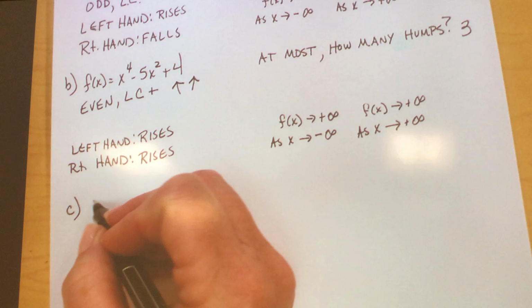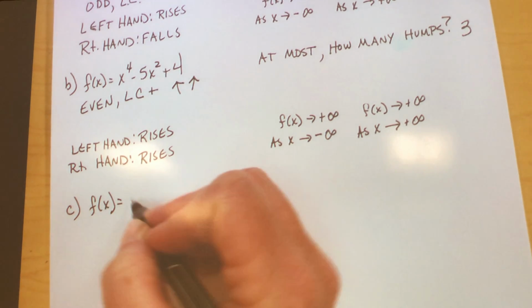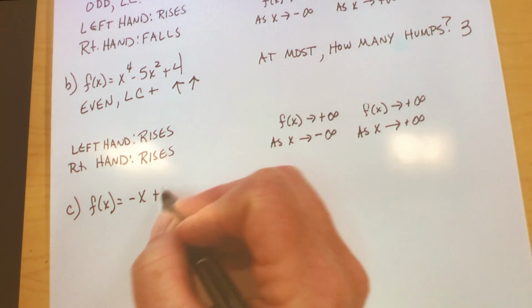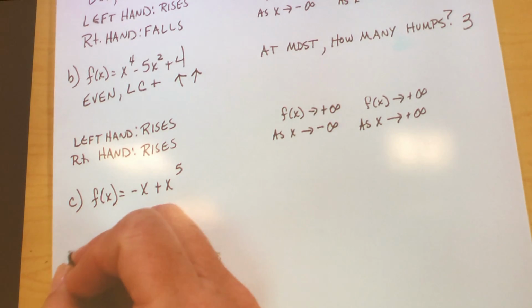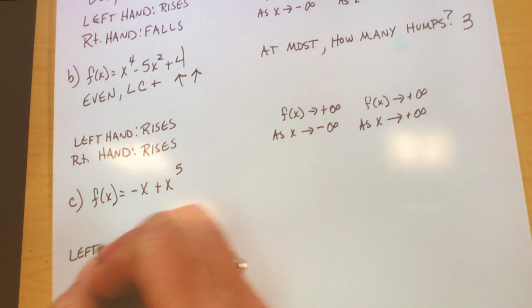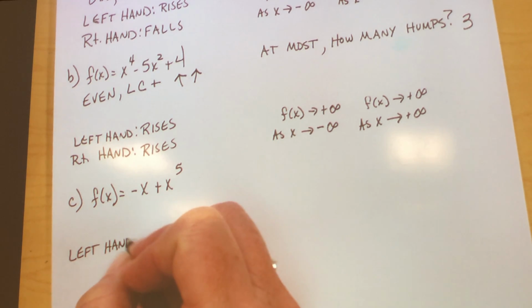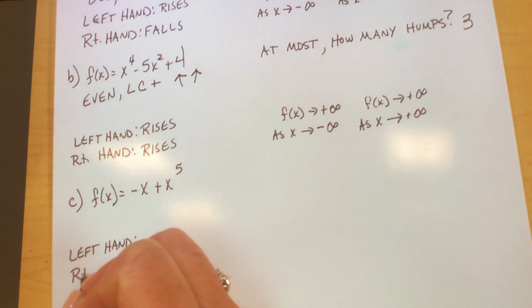All right, so here we go. C, last one, f of x is equal to negative x plus x to the 5th. I want to know the same stuff. Left hand and right hand.